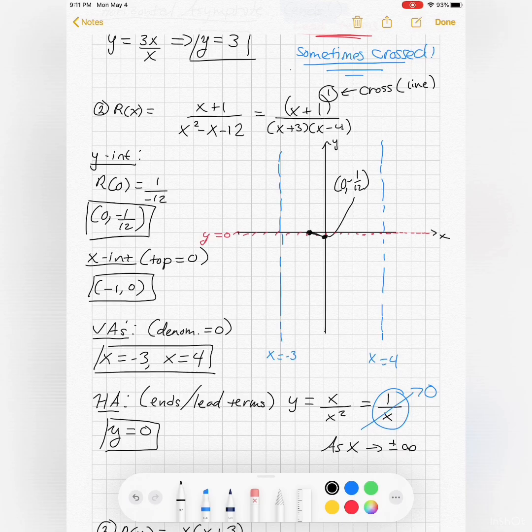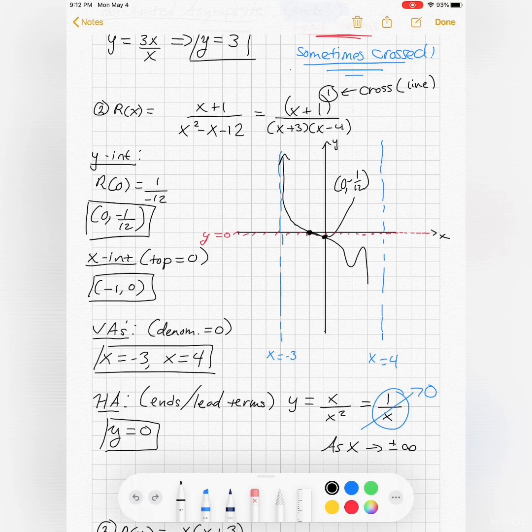That means the graph crosses at that x-intercept. If I zoom in really close there, I see a line. So I have to have something like that. I can't cross the vertical asymptote. Now I couldn't come back up through here because if I did, I'd have another x-intercept, which I do not. Okay, so the graph has to come down.